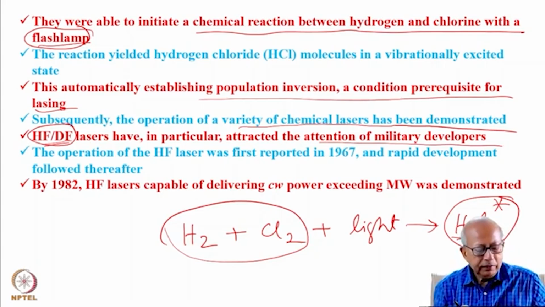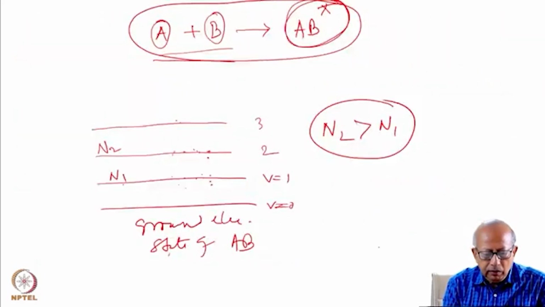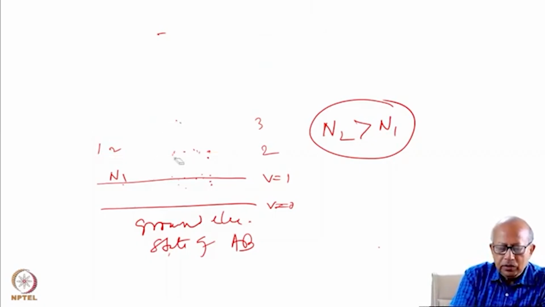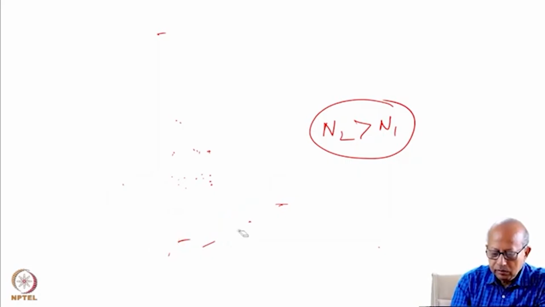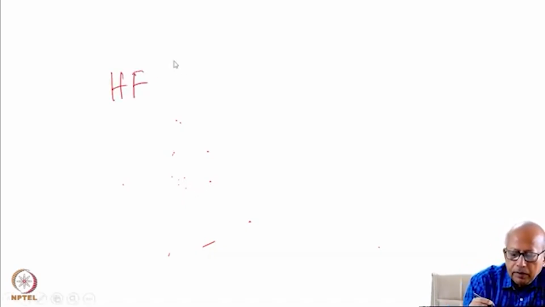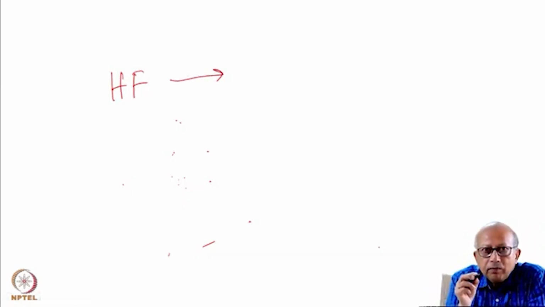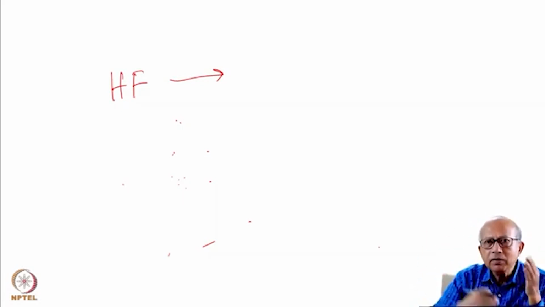However, in this regard, I would like to just spend a few minutes. You see, the HF laser emits light at wavelengths because vibrational rotational transitions from many levels are possible.